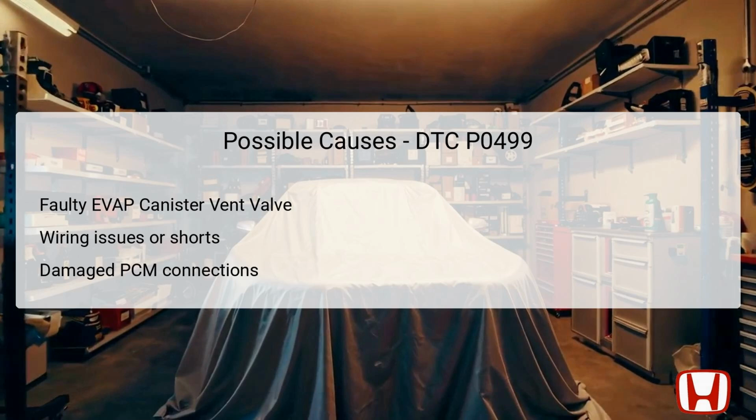Additionally, damaged connectors or shorts in the circuits leading to or from the vent valve can create an incorrect electrical flow. Lastly, there might be an issue with the PCM itself, as it controls multiple systems and might send erroneous readings or fail to send proper commands. Each of these possibilities requires careful inspection to restore the EVAP system to full functionality.